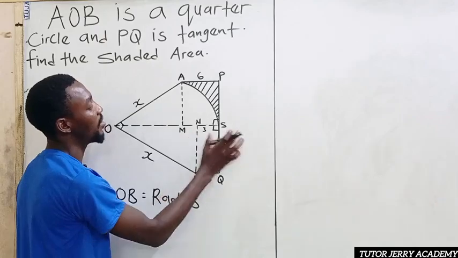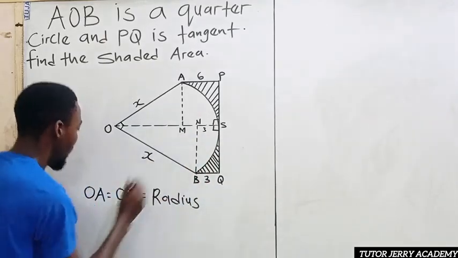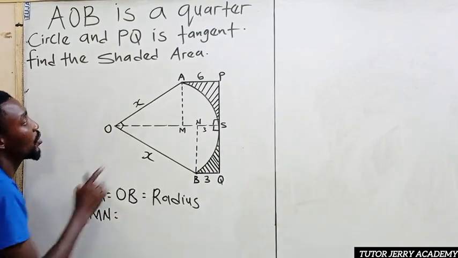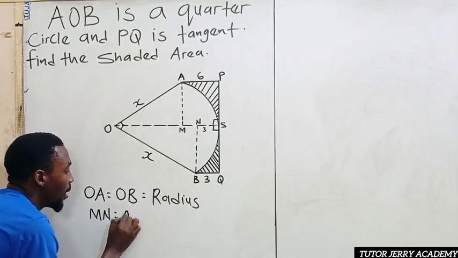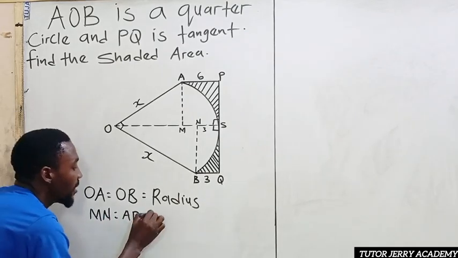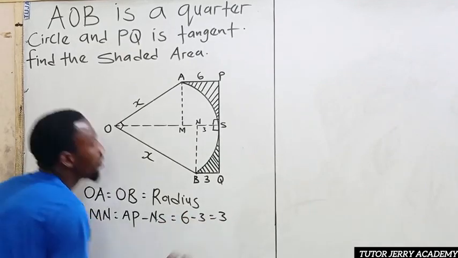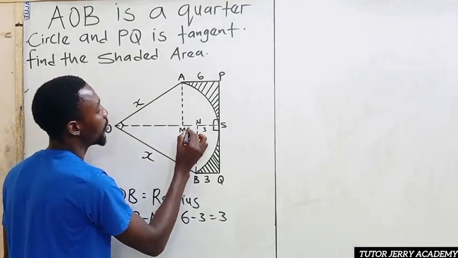It means 6 minus 3. MN will be equal to AP minus NS, which is 6 minus 3, which is 3. So this part is 3.